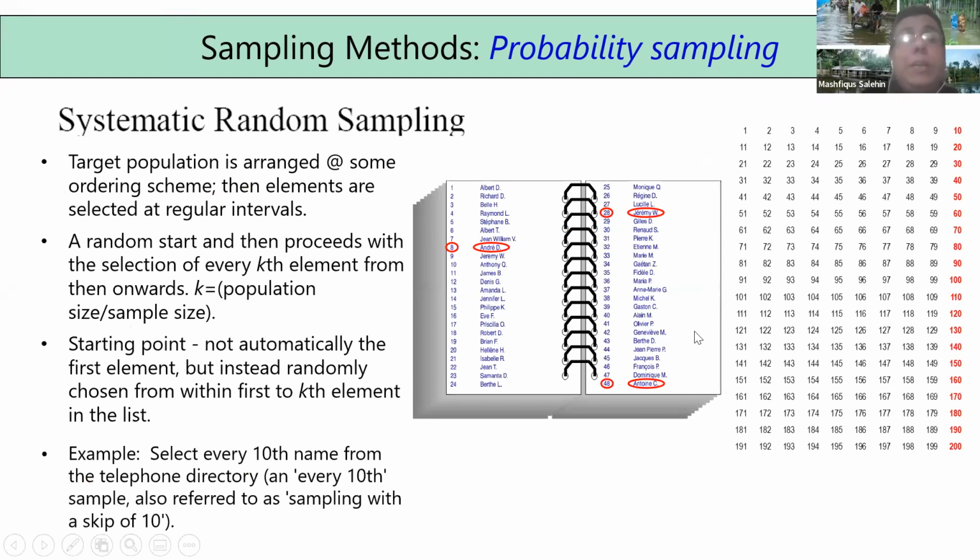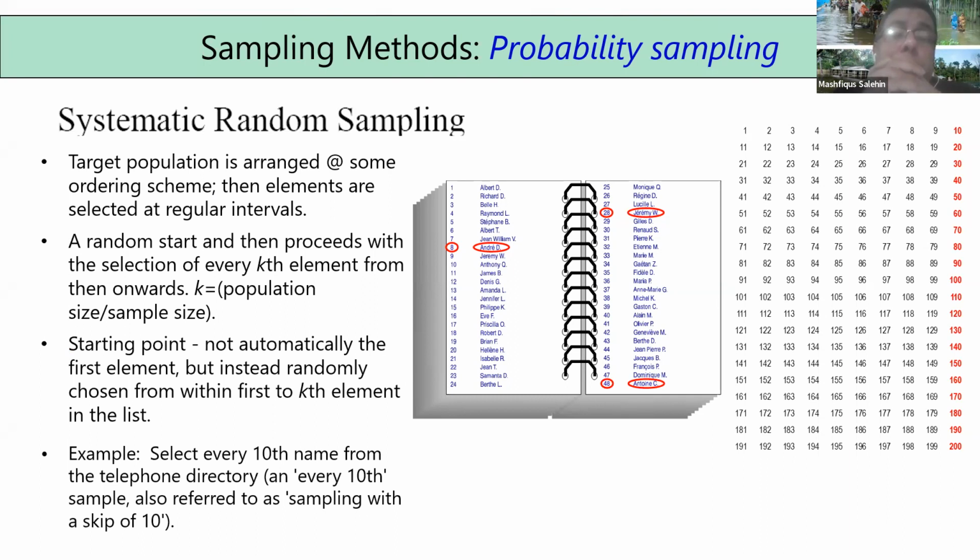So systematic random sampling. This is useful. This is an advantage over the pure random sampling. In this case, you arrange your population in some order and scheme. For example, you already have a list, such as a voter list or a phone directory.